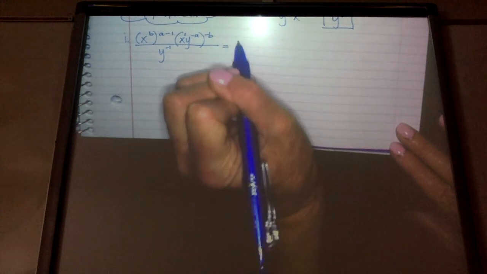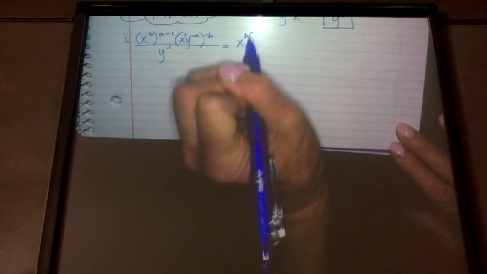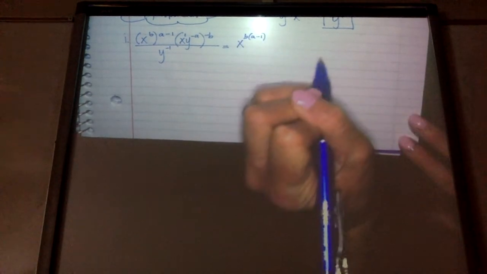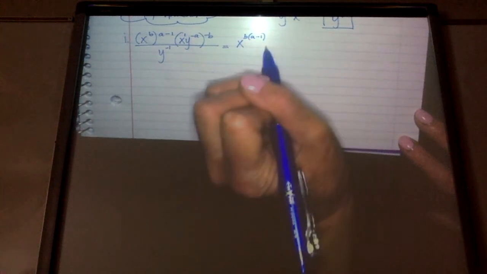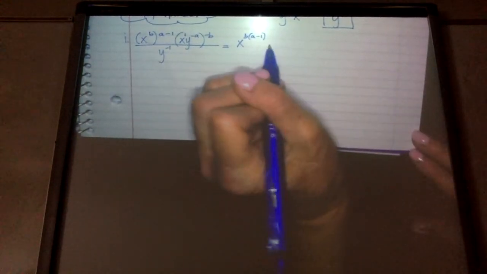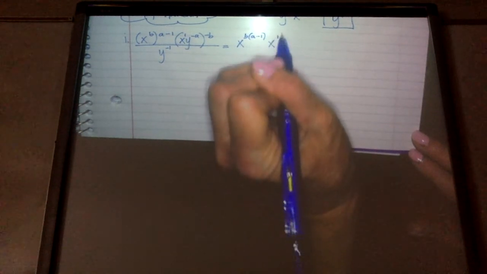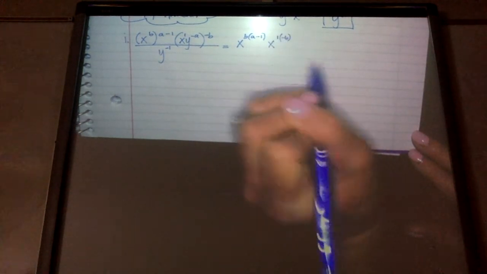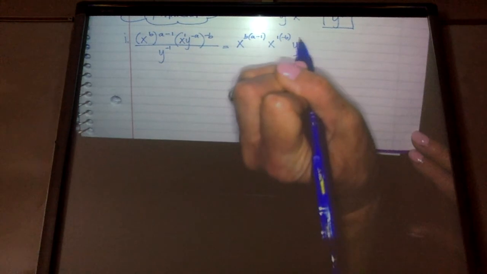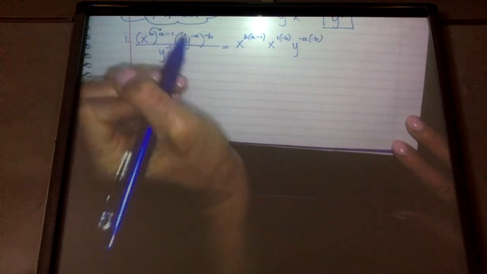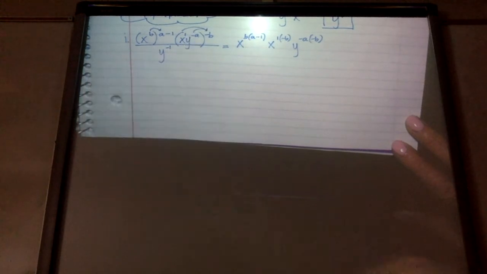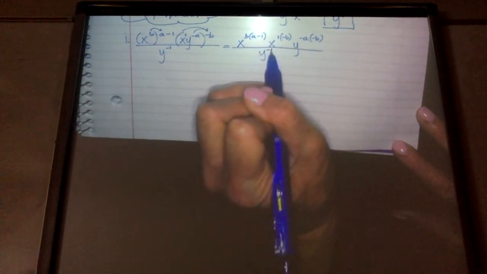So I have x to the b times a minus 1. Okay, that's how that reads. I then have x to the 1 times negative b. And then I have y to the negative a times negative b. So I'm multiplying this to this, this to this, that to that, all over y to the negative 1.